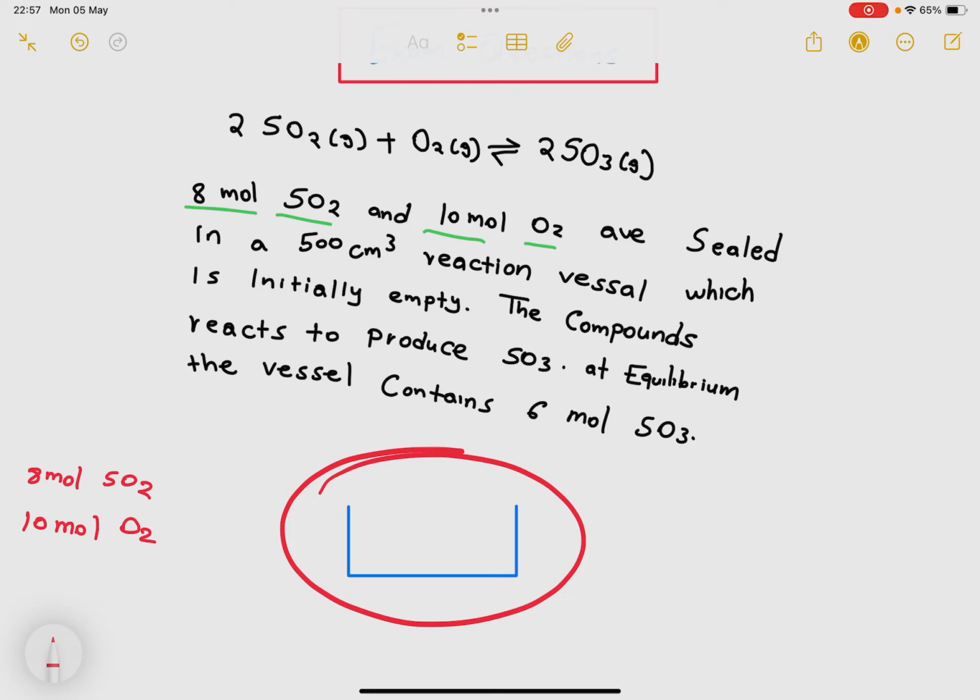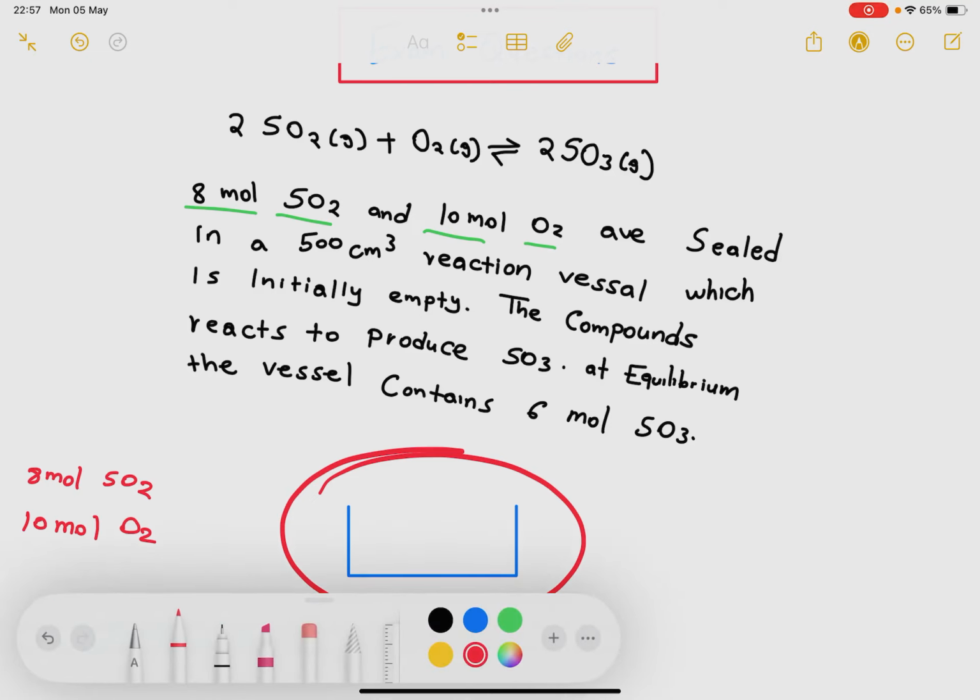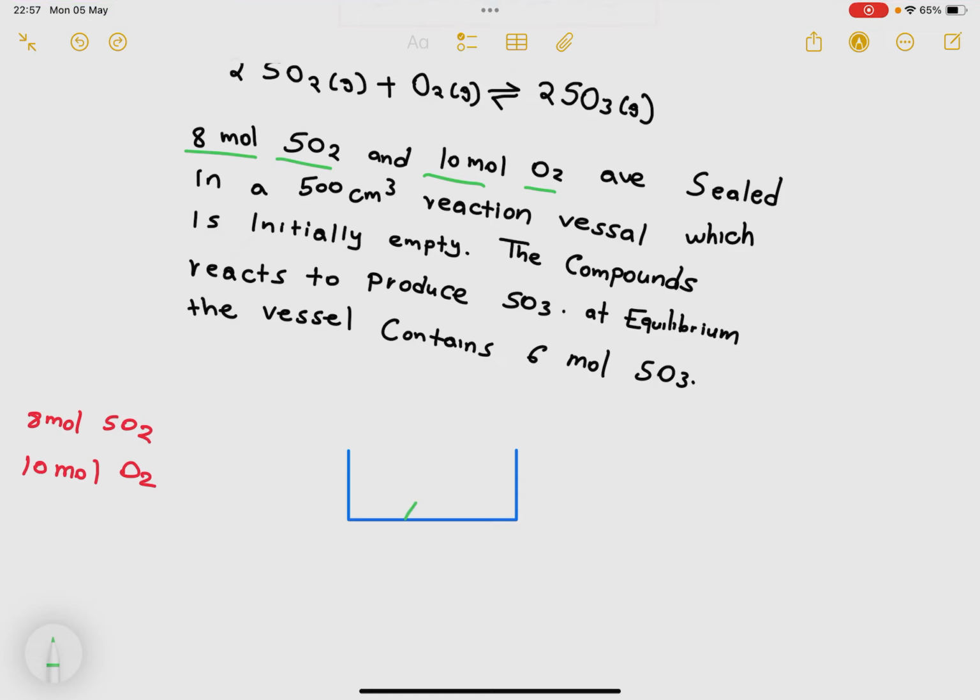That's where the reaction actually takes place. What do you realize about your reaction vessel before the reaction? It is empty. It has nothing. If something is empty, we call it zero. It is nothing.